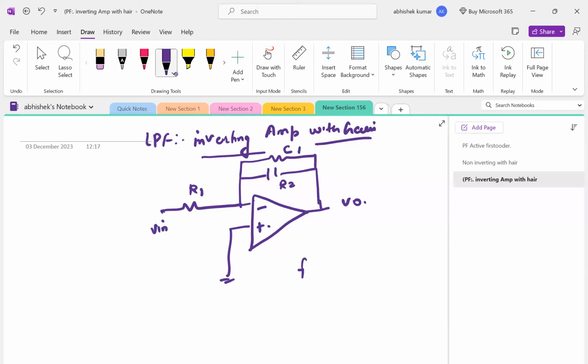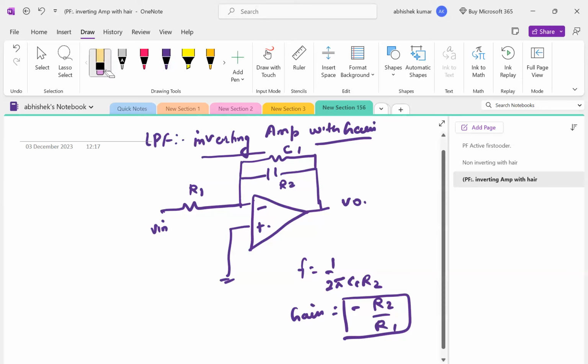Here frequency is 1 by 2 pi C1 into R2, and gain is minus R2 by R1. When I say gain, it means DC gain. For DC, the capacitor will be an open circuit.